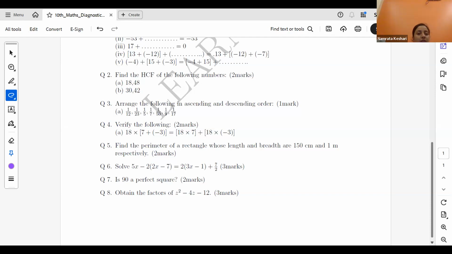We need to find the perimeter of the rectangle, Salwa. If you are getting confused, better you convert 1 meter into centimeters, then both will be in centimeters, and you will easily be able to find the perimeter.